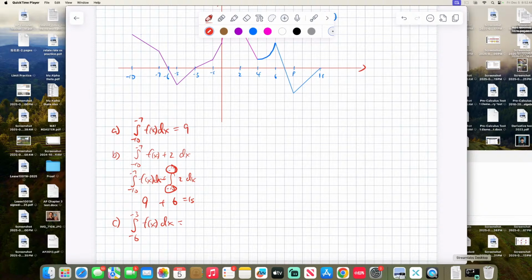Now this one's interesting because I kind of mentioned it earlier. What happens if the graph is below the x-axis? Even though you probably think about area as positive, if it's below the x-axis, it's going to create a different value. Instead of thinking about areas, it's going to be values.